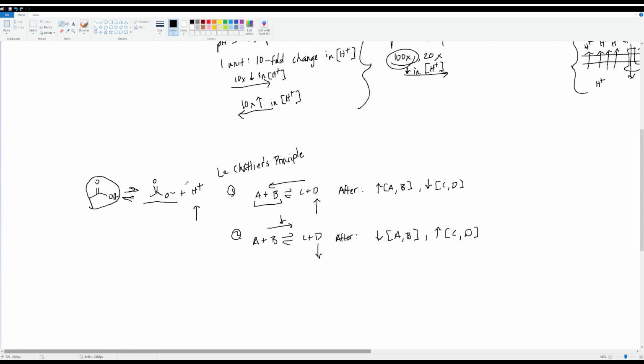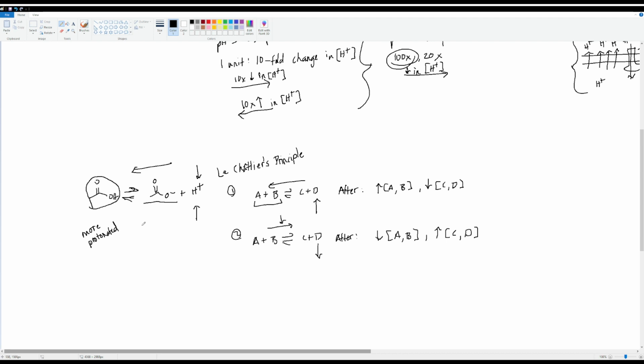Now we can apply it to our pH and pKa by means of this H+. Okay, so if we were to increase the amount of H+, well, we're essentially doing our reaction 1 here. Okay, so if we increase the H+ concentration, we're going to favor the reverse reaction, which means we're going to now get more of our protonated state.